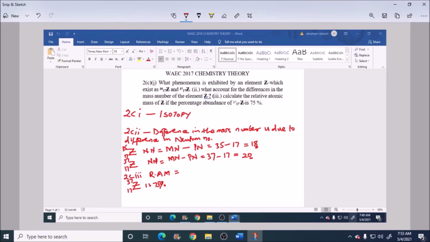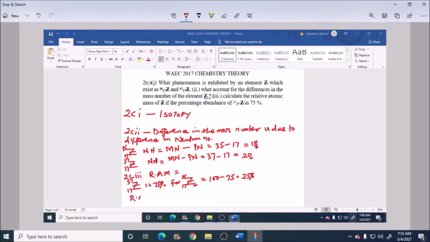Then for the atom having 35 as the mass number and 17 as the atomic number, the abundance is equal to 100 minus 75, which is equal to 25%. So the abundance in nature of this atom is 25%.